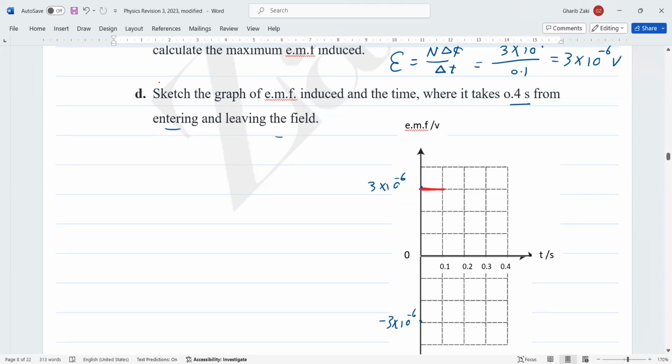Then from 0.1 to 0.3, the square is already inside the magnetic flux density, so no change in flux, so EMF induced is 0. Now starting to leave, we have a change in flux, so EMF induced will be maximum, but in the opposite direction.